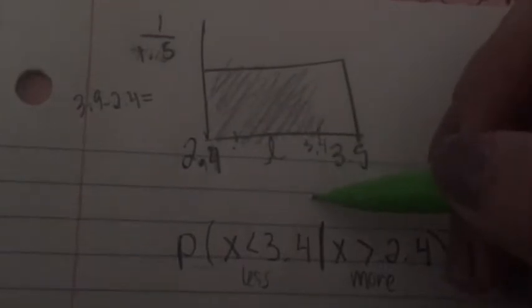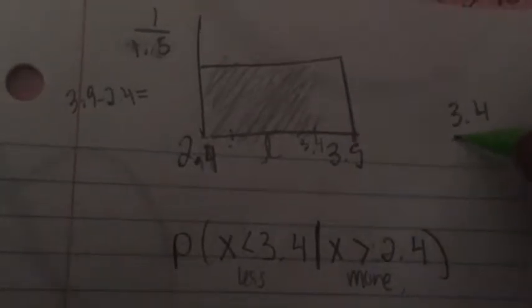So area is still length times width. You need to find the length of this shaded region right here. And you could just do that by doing 3.4 minus 2.4, and that gives you a length of 1. And then you just multiply it with your width.